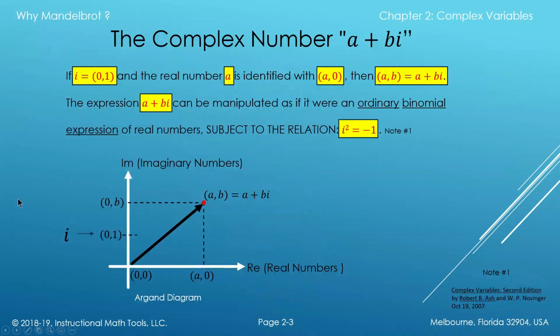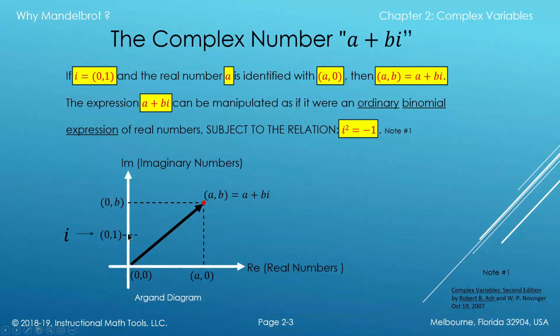Now for some definitions. This paragraph came from Complex Variables by W.P. Novinger. What it says basically is if you use an Argand diagram, and if you set this point here to be equal to i, then we can talk about the rest here. So let's talk about this just a second. 0, 1 means that there's 0 on this axis and 1 up this axis.